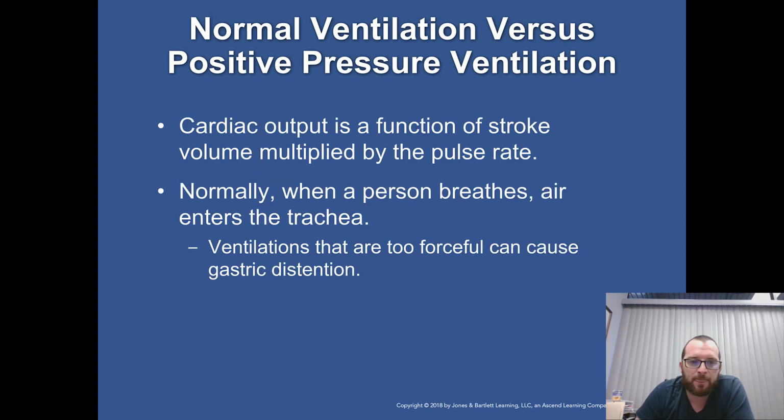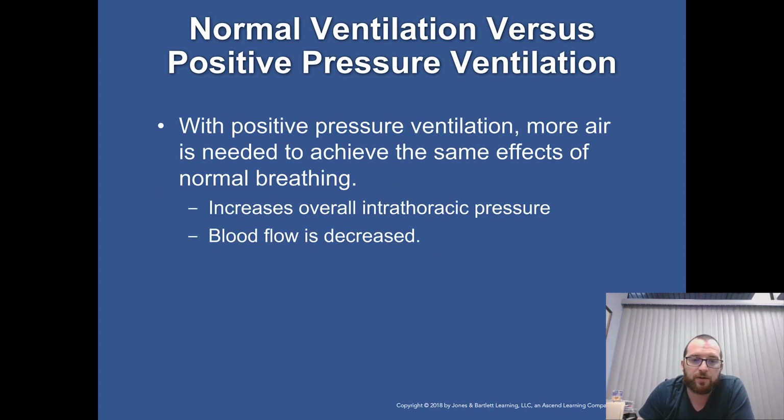All right. One of the issues with positive pressure ventilation, as we're bagging, is we're increasing the pressure inside the chest cage, right? That intrathoracic pressure. And the more pressure we put in there, the more it starts squeezing on the aorta, the vena cava, and the heart.